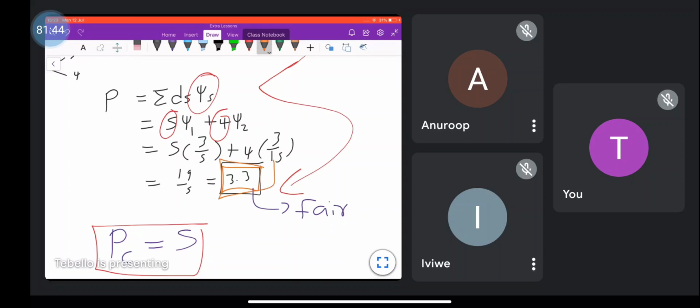But if they do ask you for this, what you will do is short sell this one.